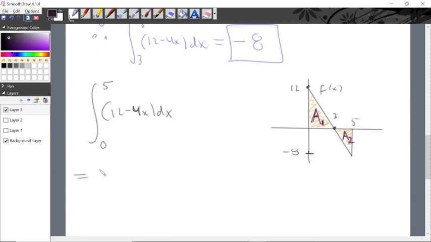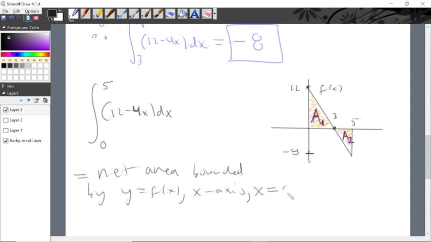From the picture, notice that one way we're going to interpret this is as the net area bounded by the function y equals f of x, the x-axis, that's y equals 0, the vertical line x equals 0, and the vertical line x equals 5. Those are the bounds.